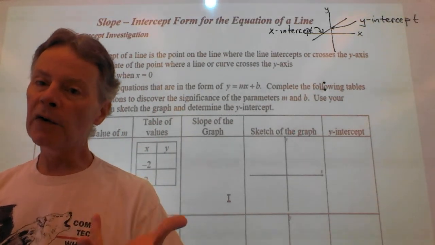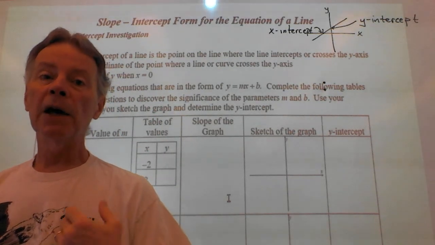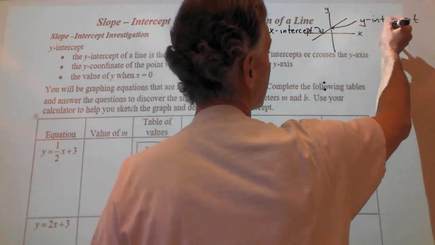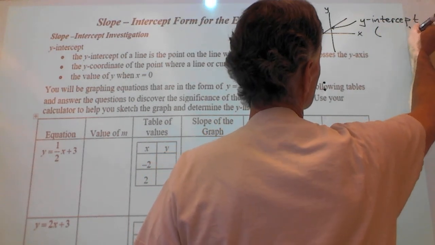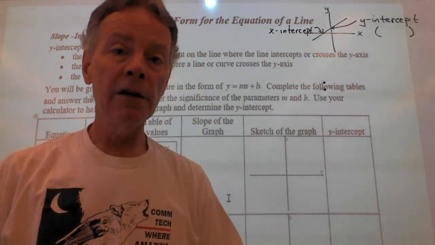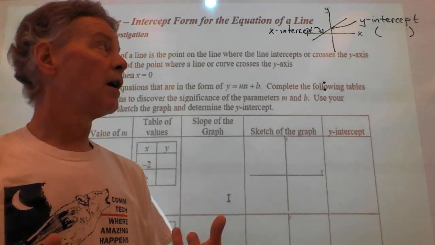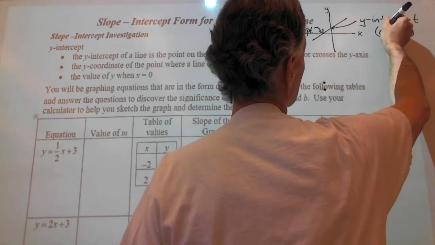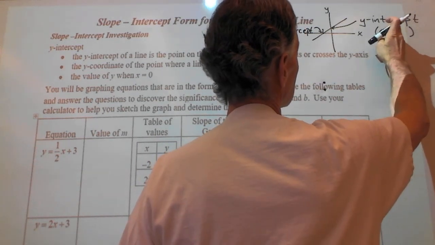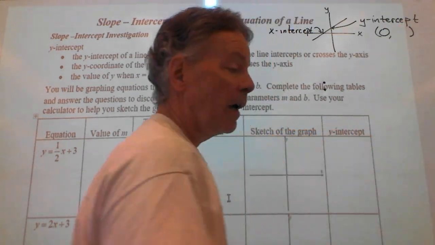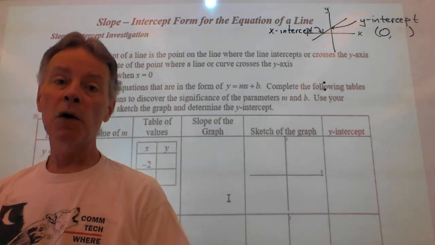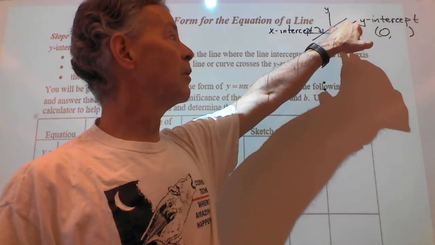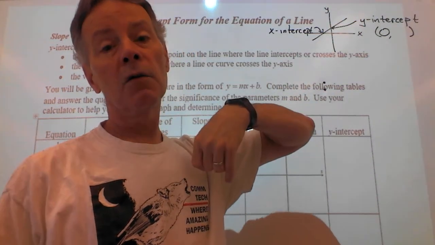We're going to talk mostly about the y-intercept today, but you need to know that at the y-intercept, as with any other point on the line, you're going to have an ordered pair that describes it. And at the y-intercept, the x-coordinate will always be 0. Okay? The y-coordinate can be any y value. It will just be the number where it crosses the line on the y-axis.